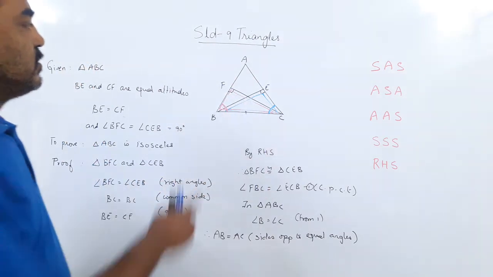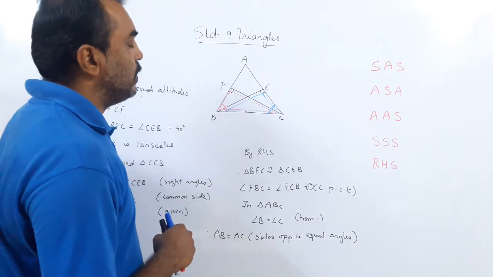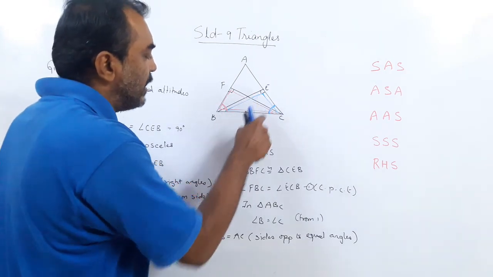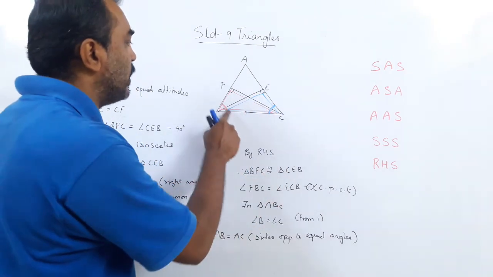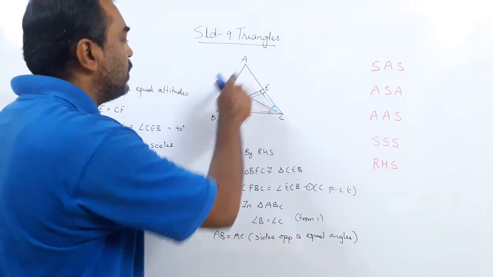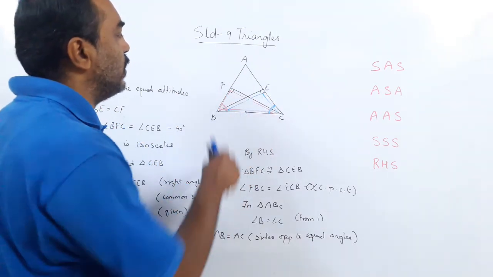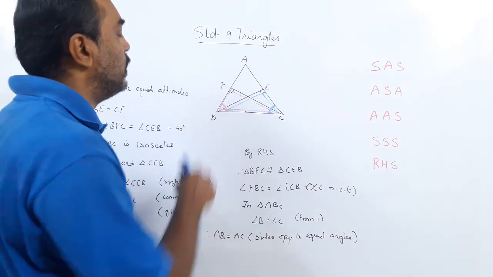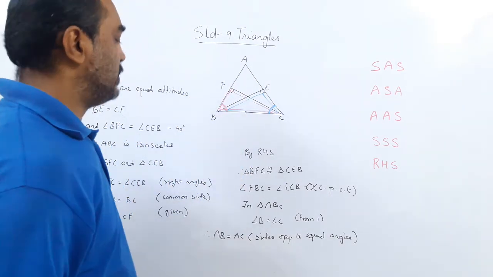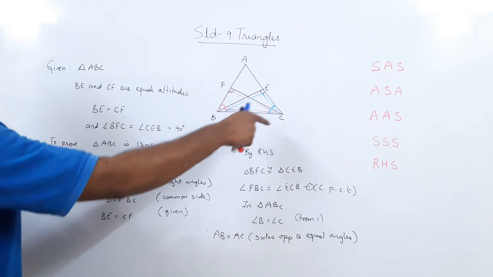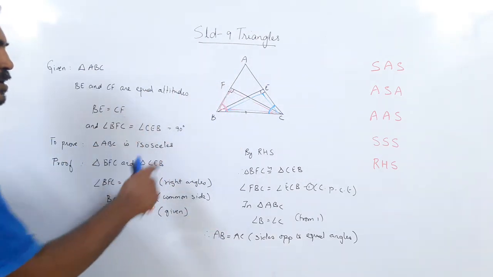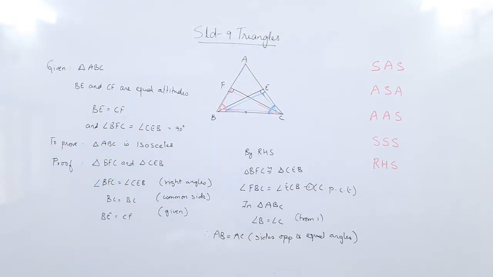So by RHS, these red and blue triangles are equal. If they are equal, their corresponding angles are also equal. So these two angles are equal. Now in triangle ABC, if this angle and this angle are equal, then the sides opposite to them are equal. So AB equal to AC. And if two sides are equal in triangle ABC, the triangle is isosceles.